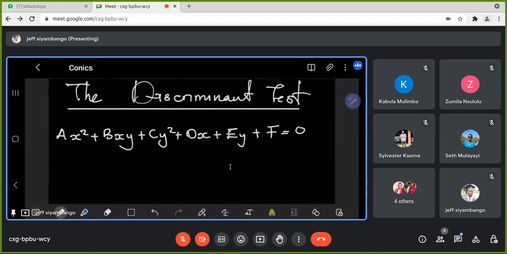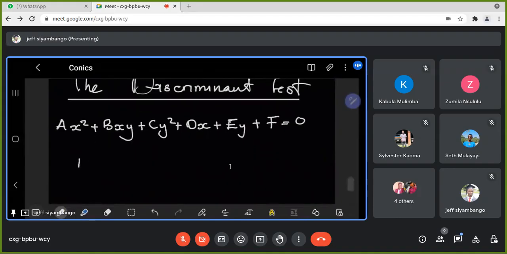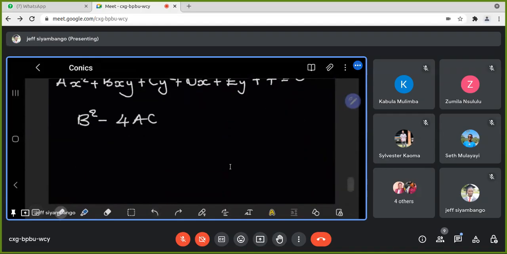And how does it work? Well, you use the discriminant, which in this case is b squared minus 4ac, where a, b, c represent the coefficients from this expression. If b squared minus 4ac equals 0, then whatever this expression is talking about, it is a parabola.